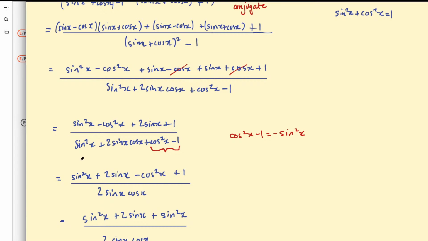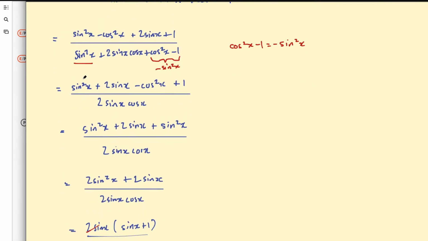Yes, finally I got there. And they cancelled out. These cancelled out. So then I'm left with sine squared plus 2 sine x take cosine squared plus 1 over 2 sine x cosine x.